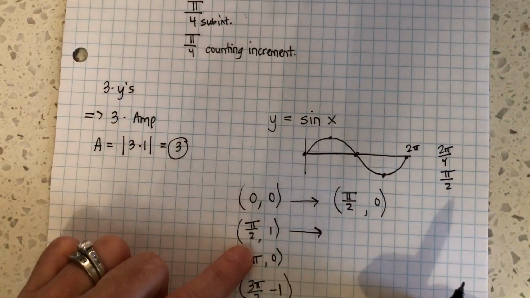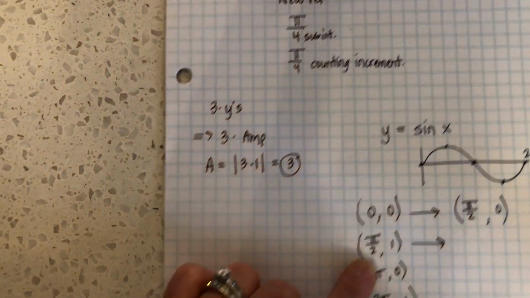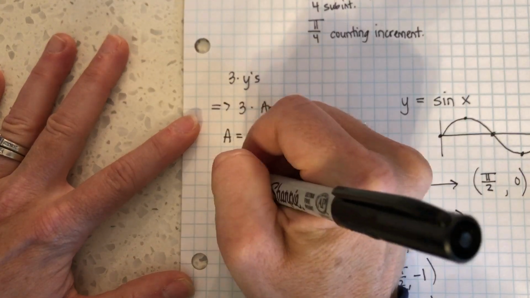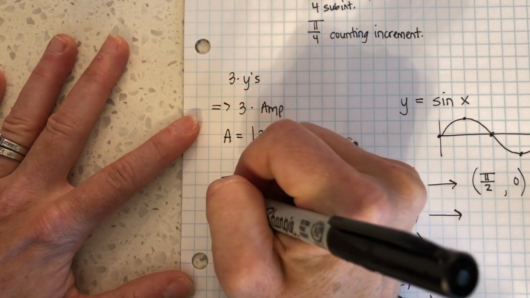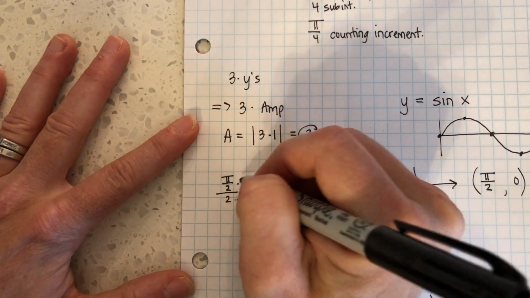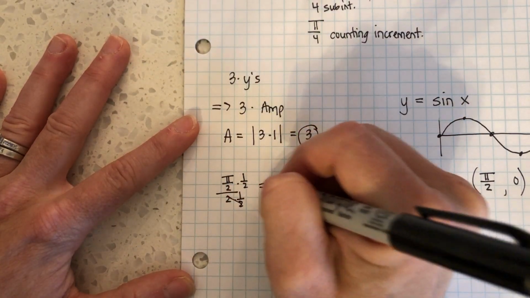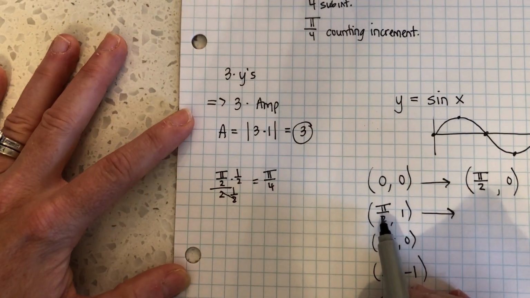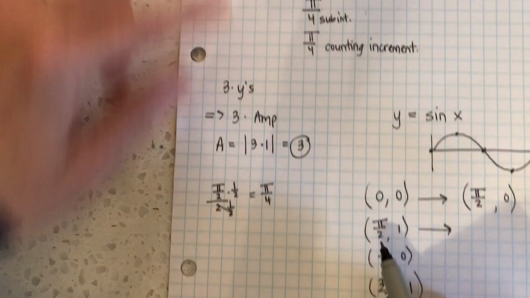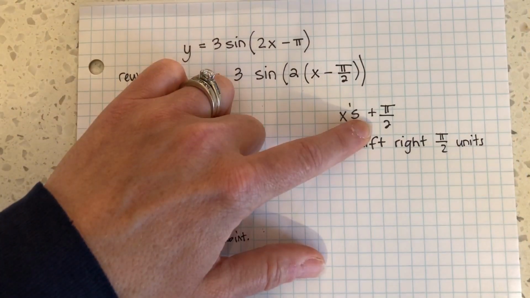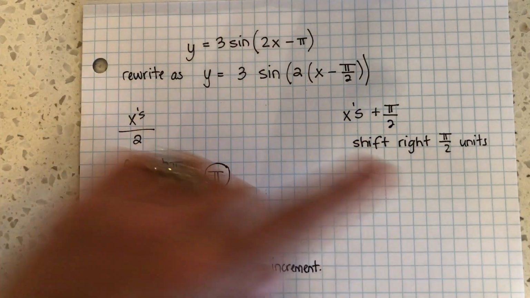All right, let's go to the next one. Okay, so now we're going to take our pi over 2. We're going to divide him by 2, which in reality becomes pi over 4. All right, so we took pi over 2, we divided him by 2, we got pi over 4. Now we have to add pi over 2 units to him, because there's 2 changes happening to x.